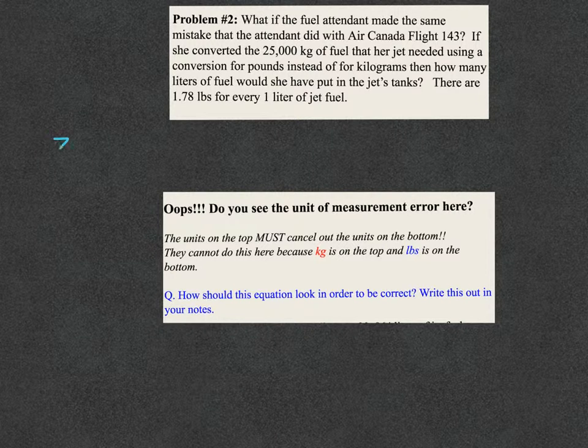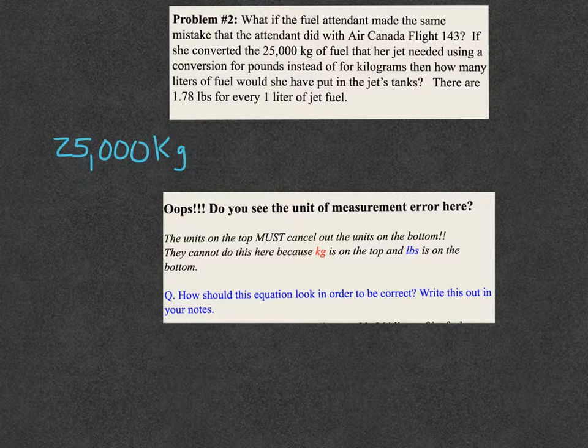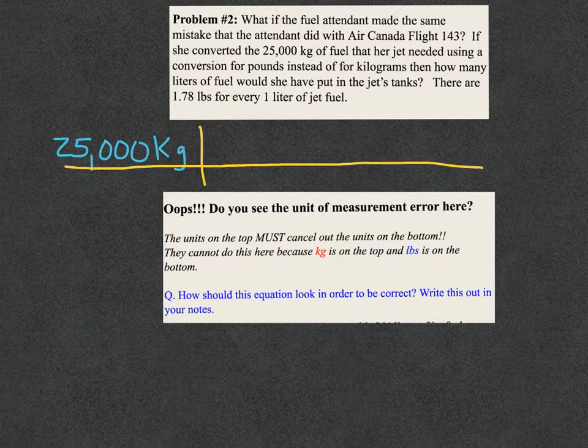So we have 25,000 kilograms of fuel, and we're going to build our conversion factor, right? According to the mistake that the fuel attendant made, one way of doing this would be 1.78 pounds for every 1 liter.